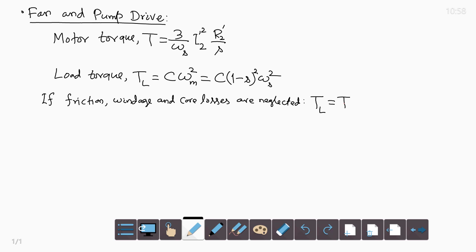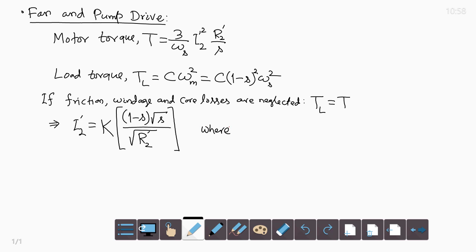With this condition, you can see I2 dash is some constant k times (1 minus s) into root over of s divided by root over of R2 dash, where k is a proportionality constant, C is given by this. So, I2 dash is given by this.